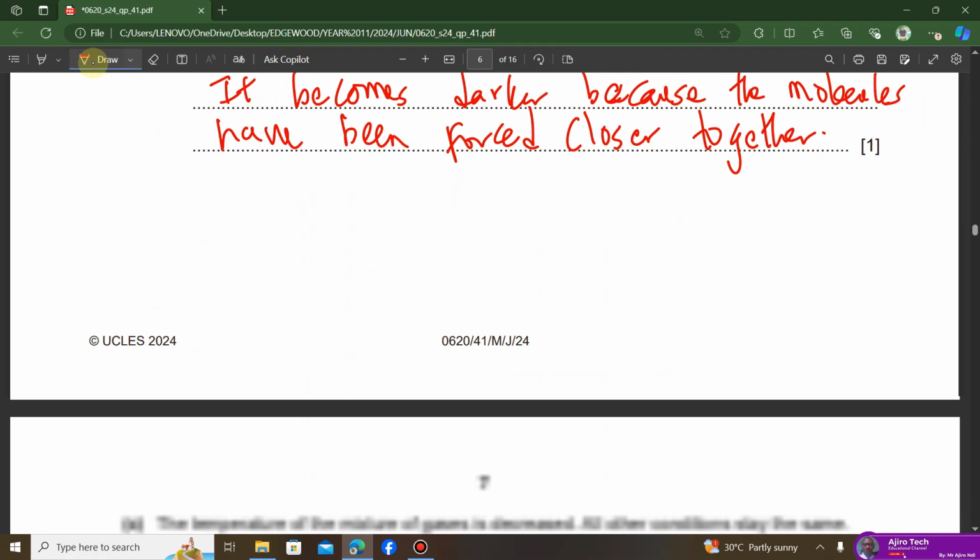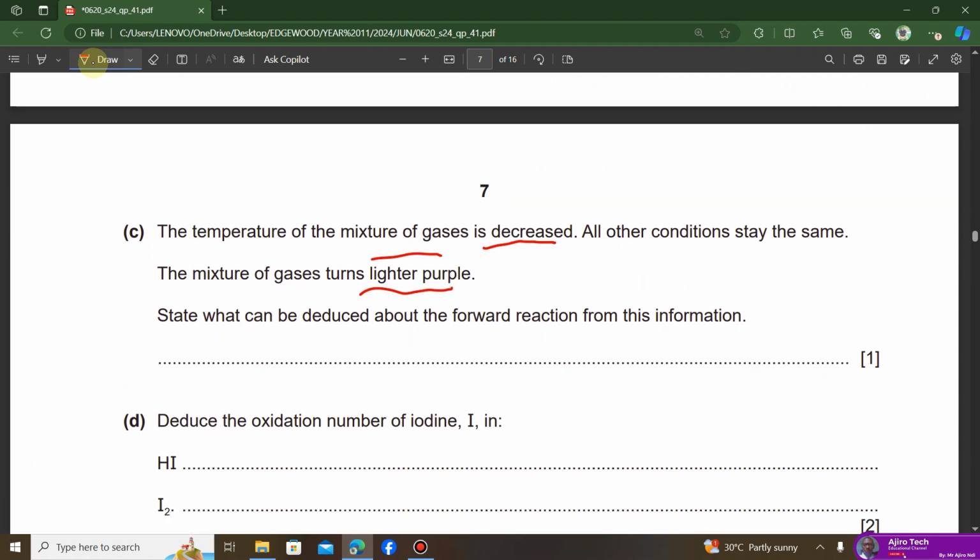So when we talk about temperature in terms of our reaction, we are looking at either an endothermic or an exothermic reaction. If you can recall, an endothermic reaction has a positive enthalpy change, and an exothermic reaction has a negative enthalpy change. When you increase the temperature of an endothermic reaction, equilibrium shifts to the right.